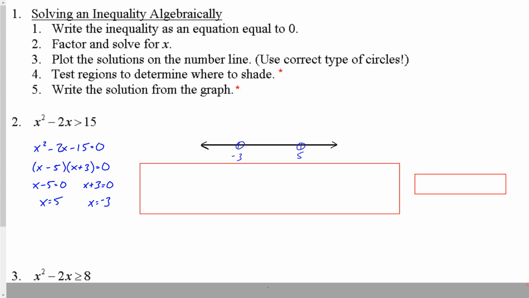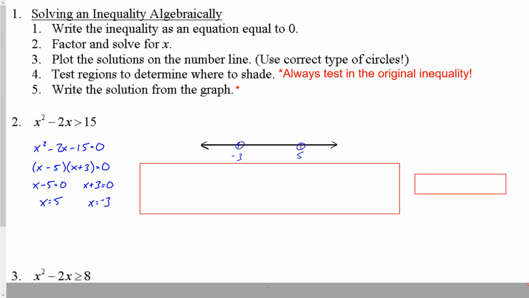Now we have to test our regions. We've done this before. So test regions, I have to pick a value in the left section, the middle section, and the right section of this number line. Plug those into the original inequality. You always test using the original inequality.